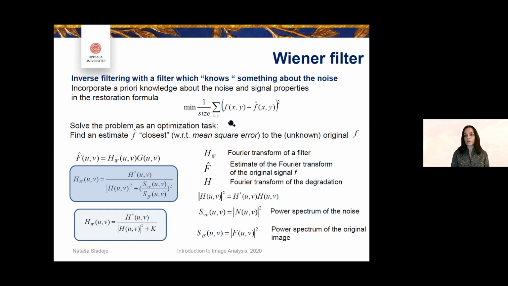And now the question remains, close in what sense? So we can define that what we want to minimize is the mean square error, and that is essentially the difference between the restored and the original one squared and summed over the image. This will then be the optimality criterion. We would like to solve this optimization problem, but we would like to do that in terms of filtering and in the Fourier domain.